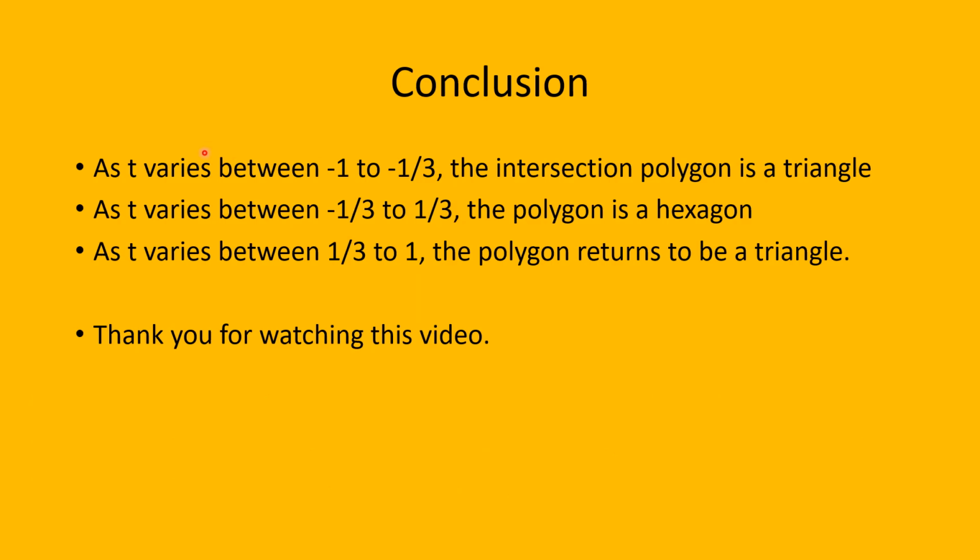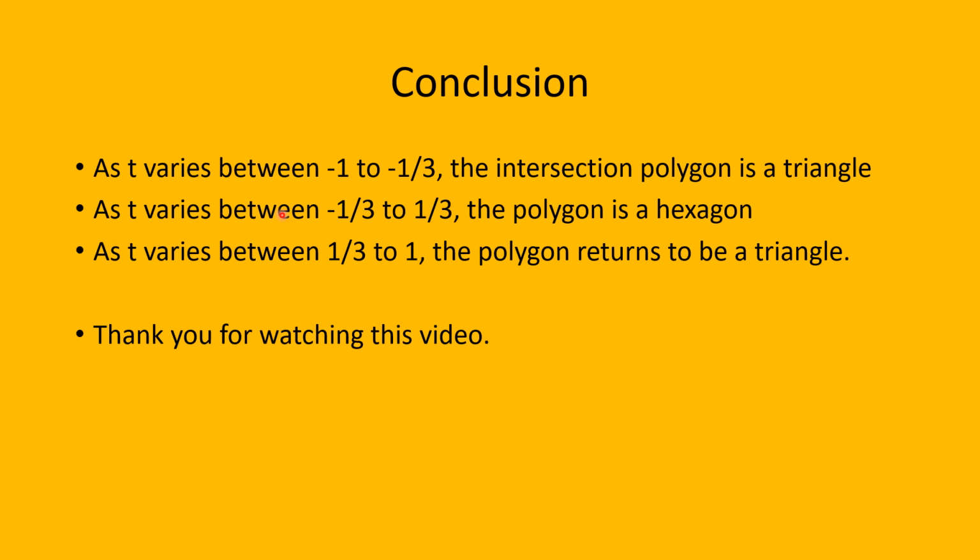And in conclusion, we can say the following. In the problem that we looked at with the planes intersecting the cube, the plane containing the point t, t, t, we can say that as t varies between minus 1 to minus 1/3, the intersection of the solid cube and the plane is a triangle, including its interior.